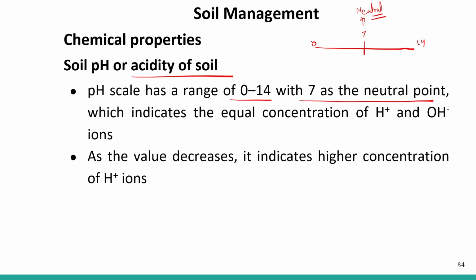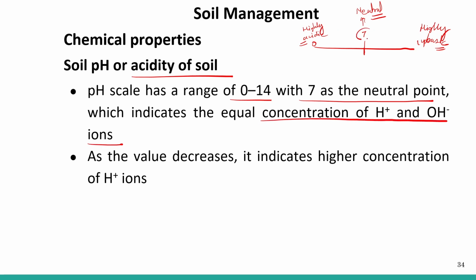And if it is moving toward this side, then it is highly acidic, and toward the other side it is highly basic, right? We all know this. Seven indicates the equal concentration of hydrogen ion and OH ion.